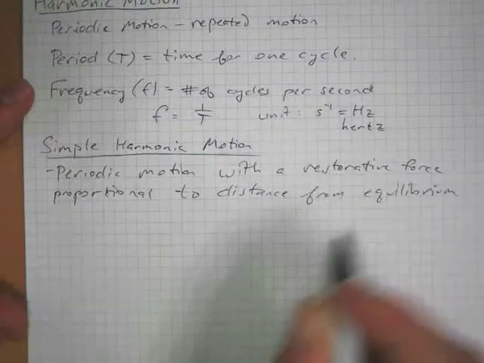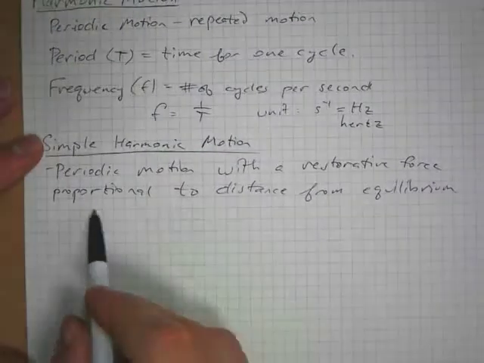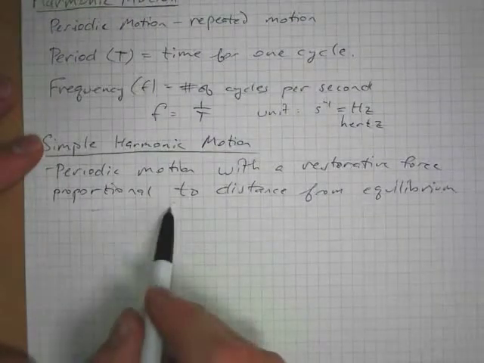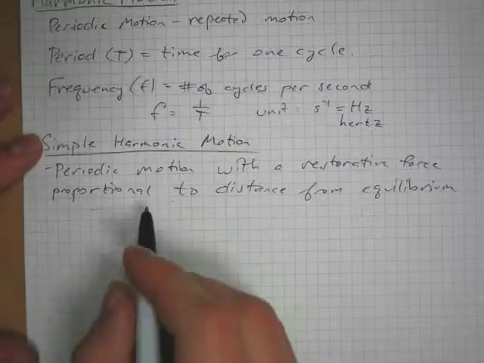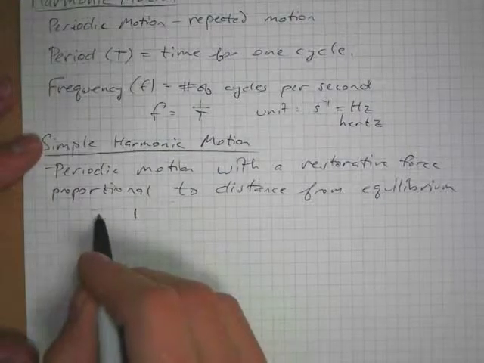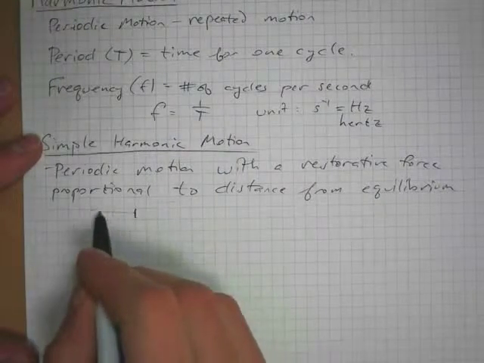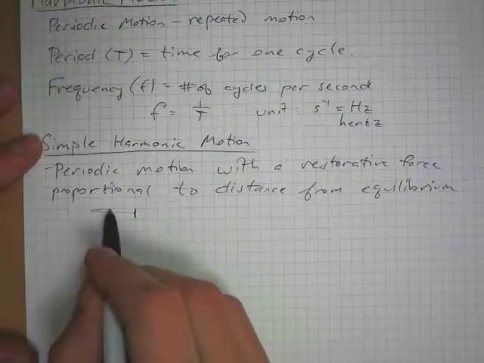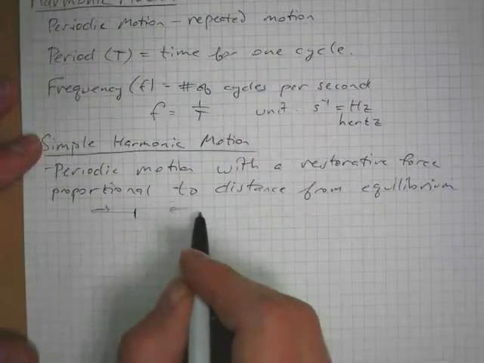So that means objects going back and forth, and there's some sort of equilibrium position, and the further away something gets from equilibrium, the greater the force pushing it back toward equilibrium. That's the term restorative.